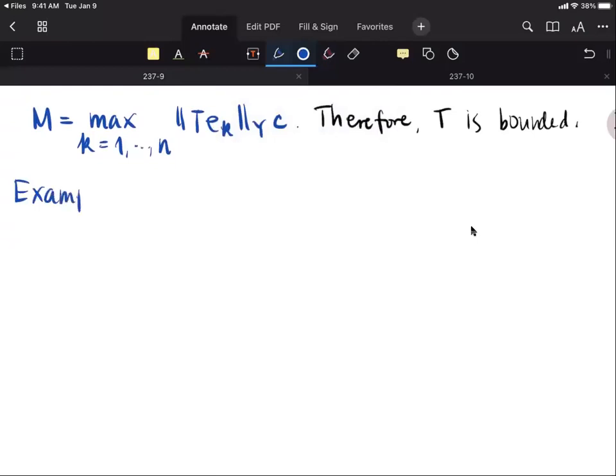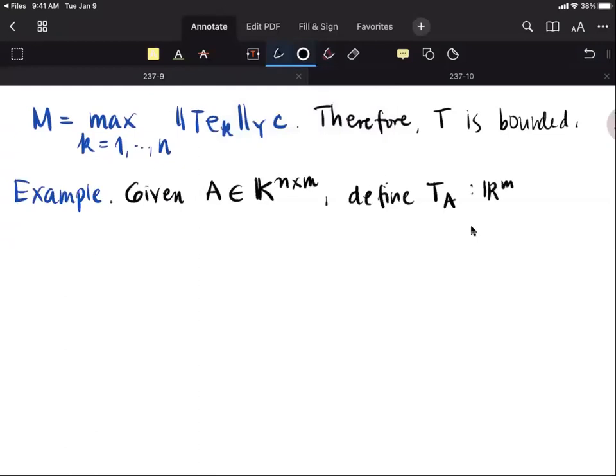In particular, let's say I have a given matrix A, and let's say n by m. Let us define an operator T sub A from Rm into Rn by the following.